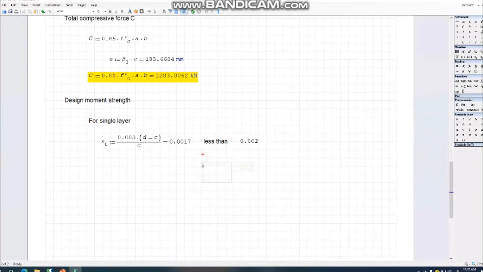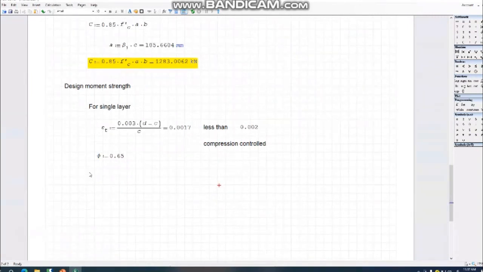Therefore, this is compression. So, pag compression control, ang atong reduction factor for compression control is 0.65.